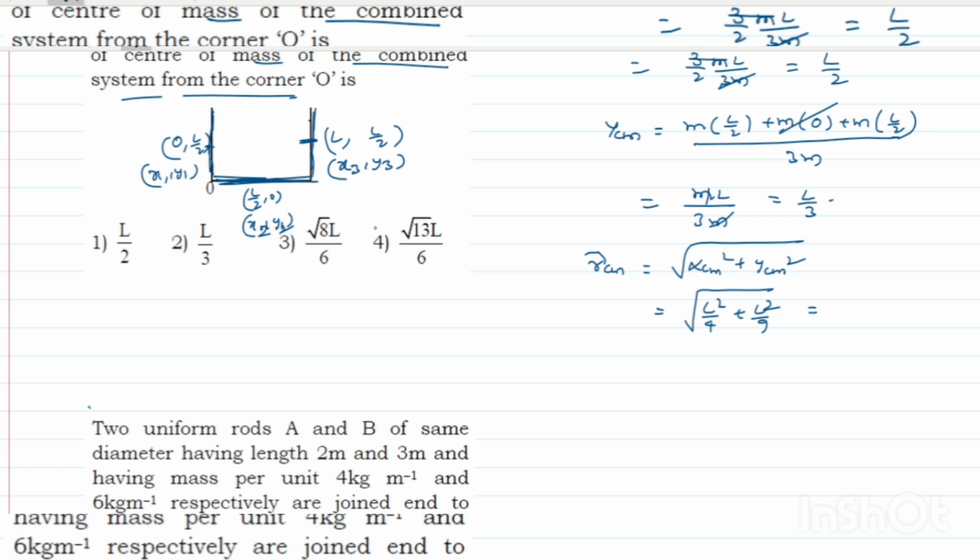Taking L common, 9 plus 4 is 13, so we get 13 L square by 36 under root. So RCM equals L root 13 by 6. So root 13 L by 6 is the correct answer.